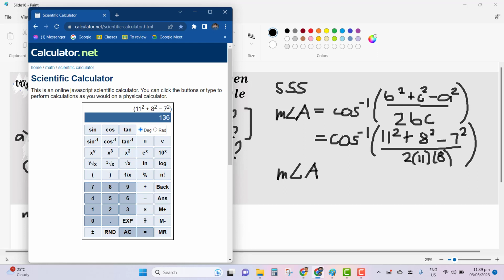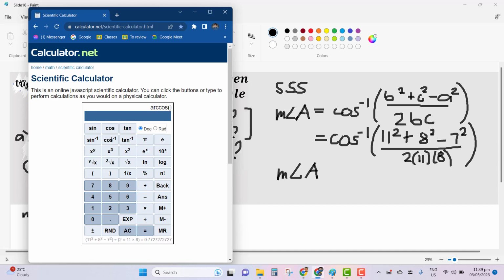Close it. Then divide with an open parenthesis twice 11 and 8. Close it. Equals, that's your answer. Then we will subject this to the arc cosine or cosine inverse of the answer and push equal. So you have 39.4005668, and so on.